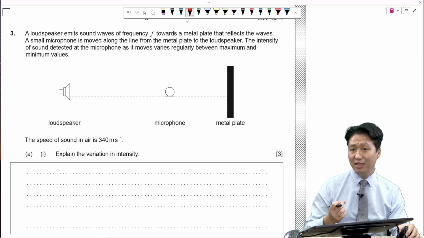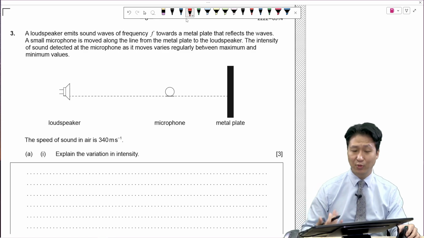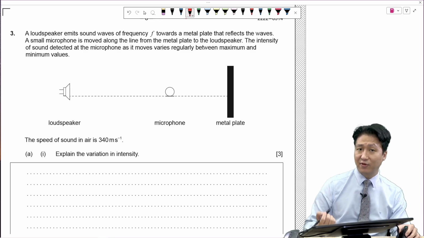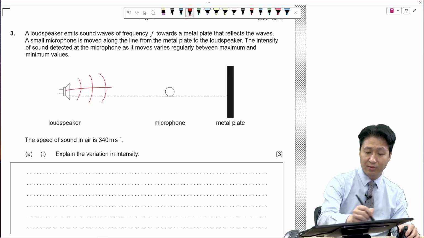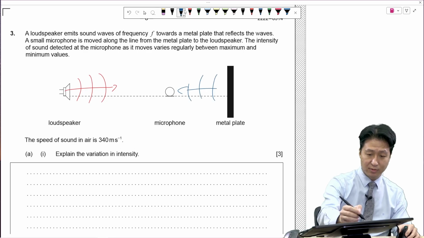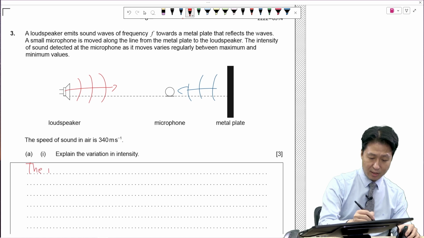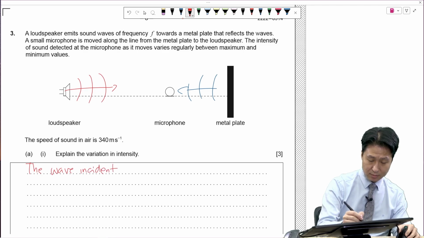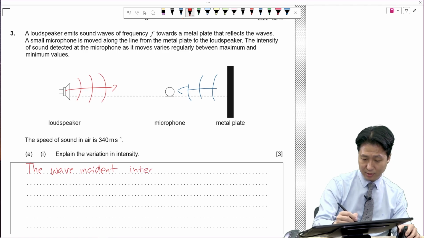If there's a variation in intensity, it has maximums and minimums, it must be interfering in some way. So, what is interfering? Well, you have an incident wave and a reflected wave. So, the wave incident interferes or superimposes with the reflected wave.